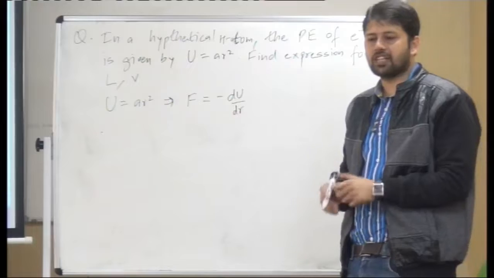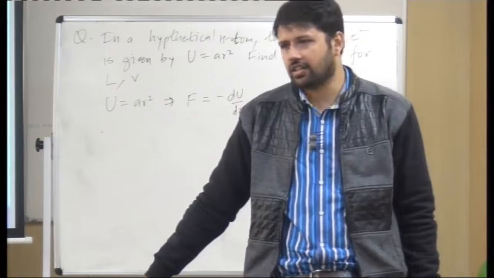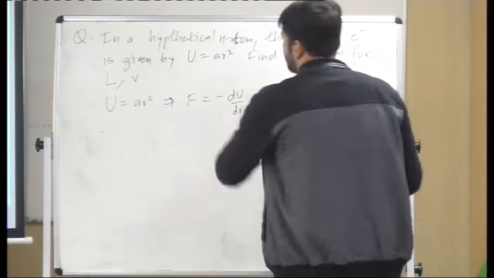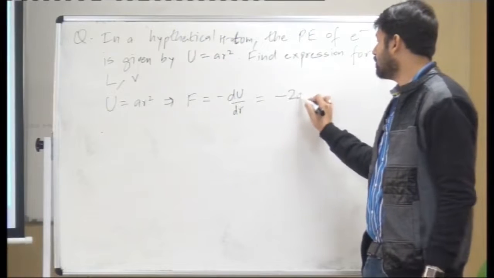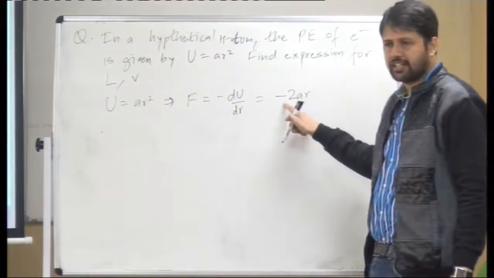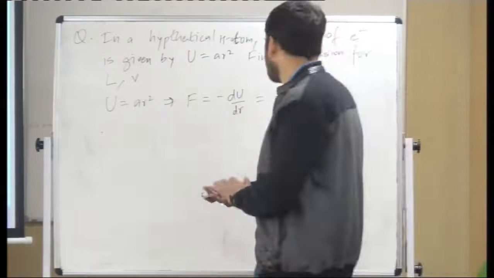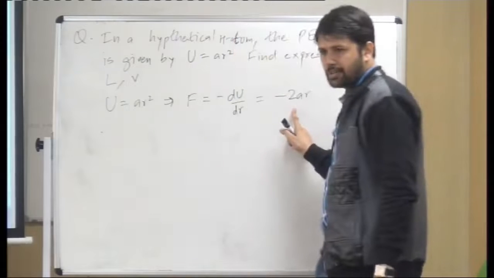Okay, that potential energy is negative of work done due to conservative force, right? Or we can say conservative force is negative derivative of the potential energy, right? So this would be minus 2AR. Negative sign indicates the force is attractive, right? The force is attractive. So this attractive force provides the centripetal force.